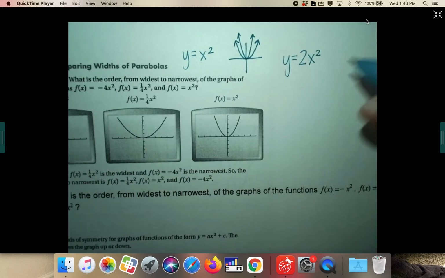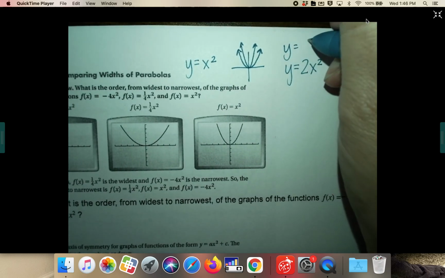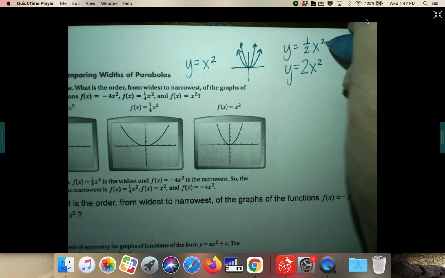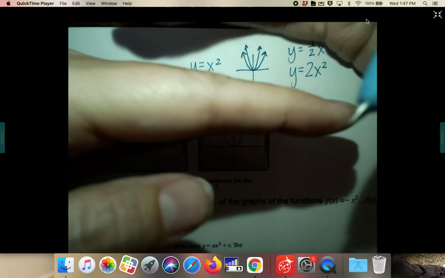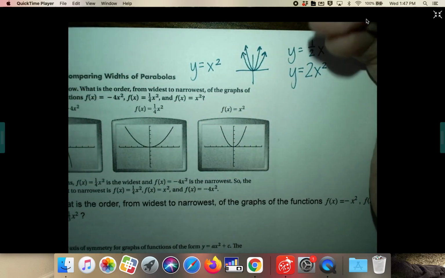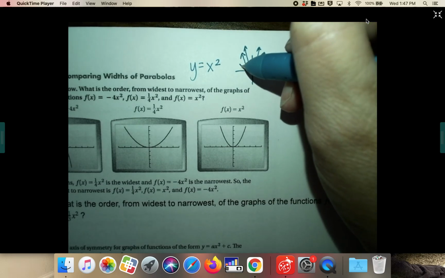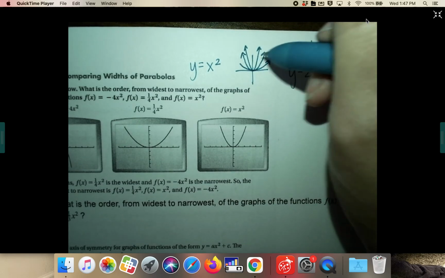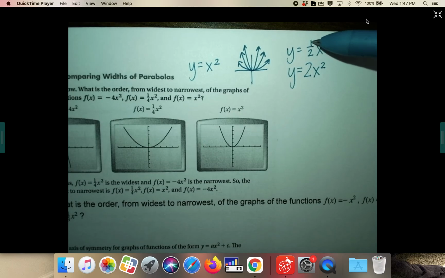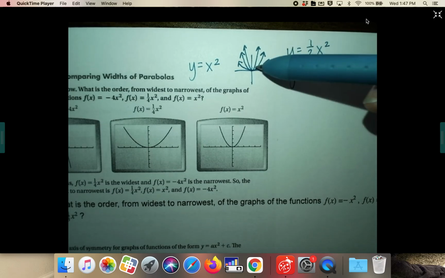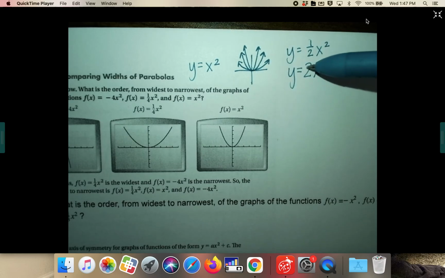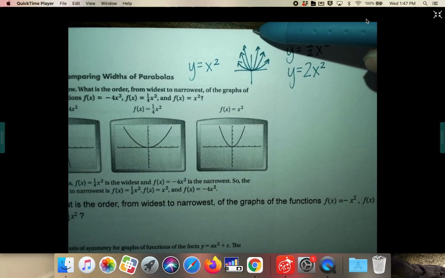If I do fractions, like y equals only half x squared, it's going to squish it more flat. So it's going to go kind of like this. So the smaller the fraction, the more squashed it's going to be. But the whole numbers are going to stretch it up.